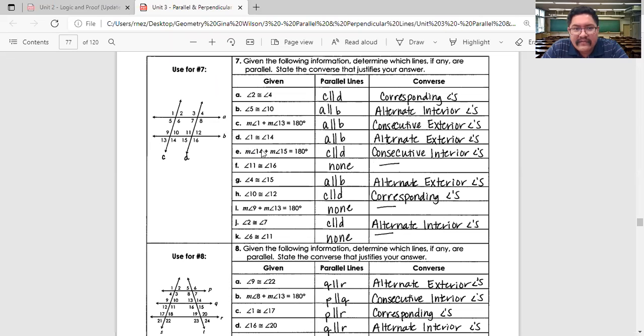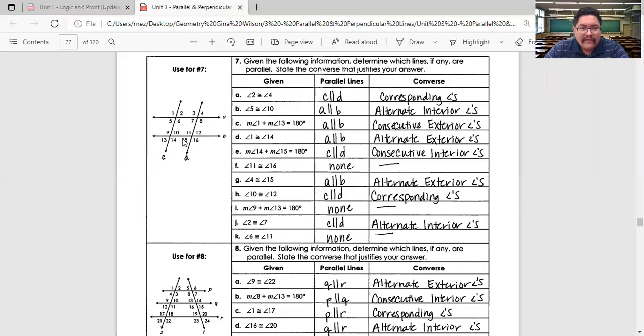The next one's given is E, which is angle 14 and 15. So 14 and 15, put those together. They're right here. If they add together, they become 180 degrees.